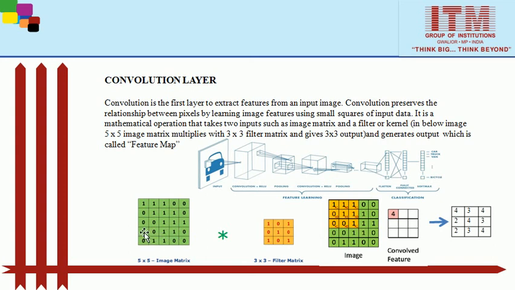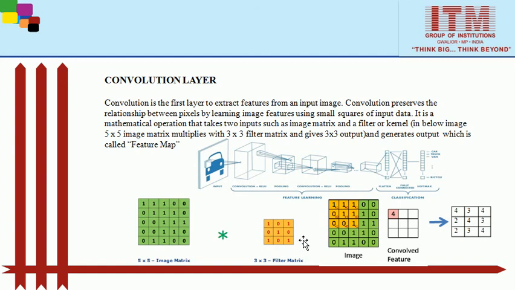Suppose this is the pixelated image of our given input image. So how does a convolution layer extract any particular feature from that input image? By doing a dot product with the help of this filter matrix.